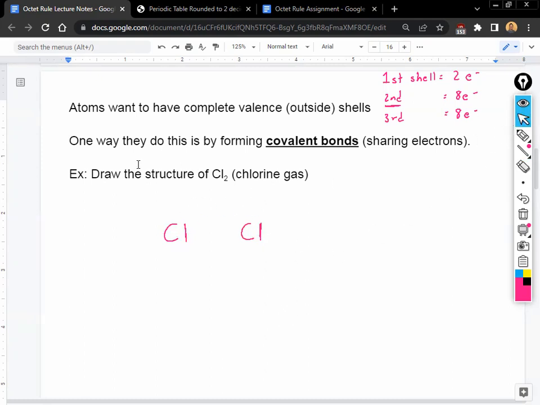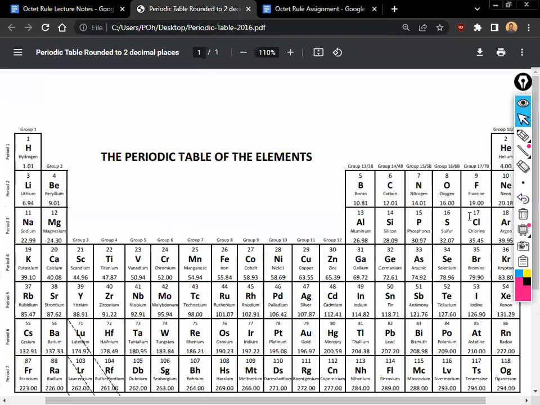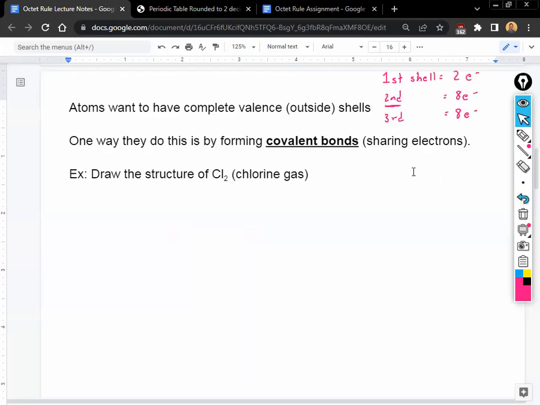Okay, so if we take a look at Cl on the periodic table, how many valence electrons does Cl have? Cl is right here. So 1, 2, 3, 4, 5, 6, 7. Yeah, 7. So it has 7 valence electrons.